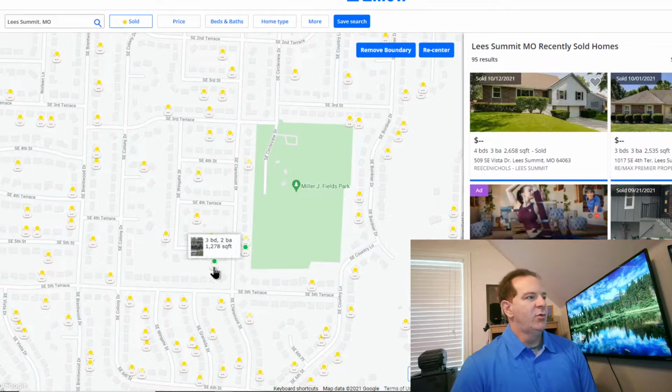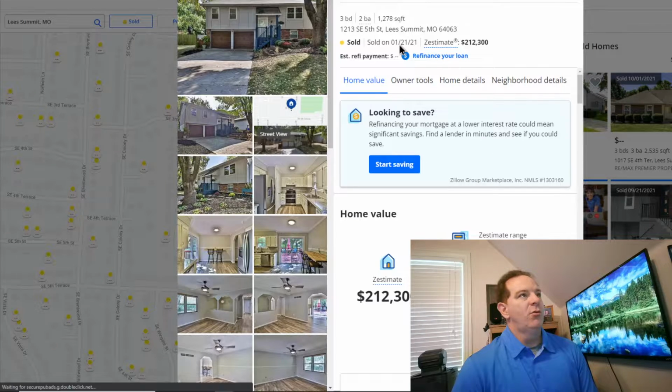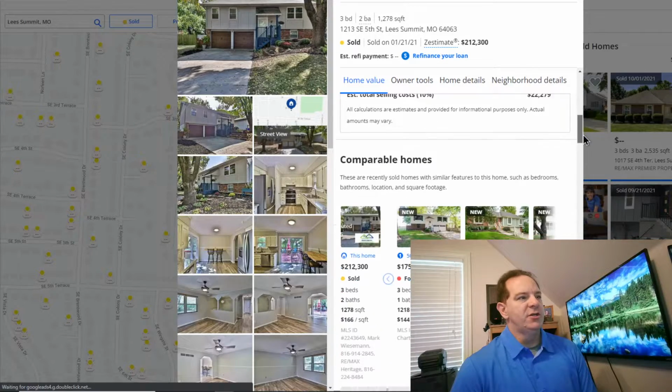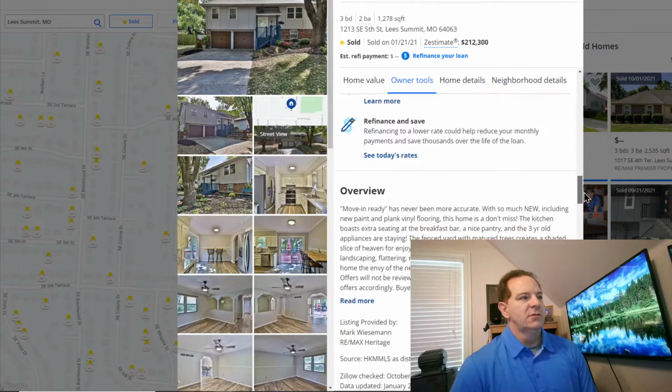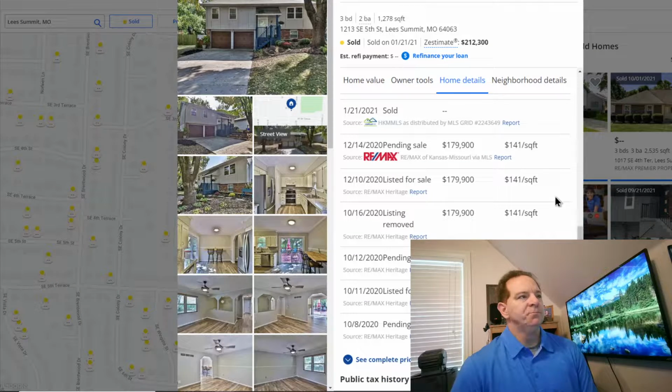Now we'll look at another one here. This is pretty close to the same area, and this sold in 2021. So it's a more recent valuation we can do on this house. Let's see if we can find the... Alright, so right here, you're going to see that it was listed for sale at $179.9, and then it was pending sale in 1 day.